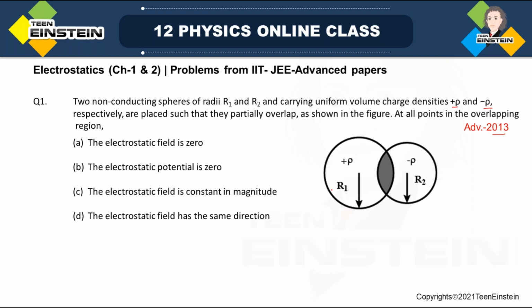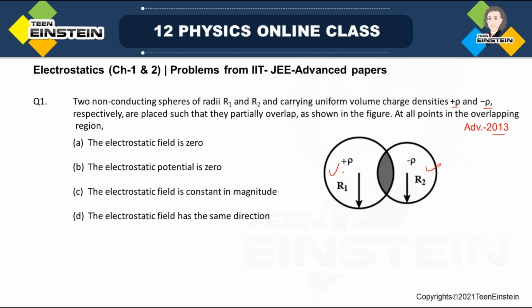This is the figure. So we have two solid non-conducting spheres having radii r1 and r2 and volume charge densities plus rho and minus rho. So this is negatively charged and this is positively charged. Anyway, the charge densities are the same.